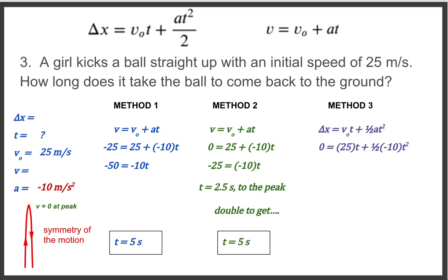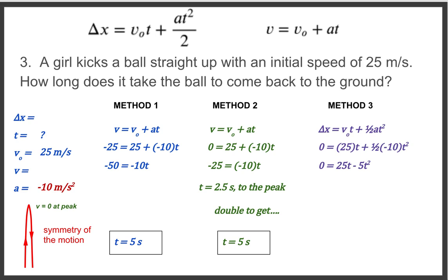Notice how in all the methods I'm still using that same initial information. To do the algebra here, though, we need to remember that this is a quadratic equation, and so a good method here is to factor out the t. Let me just do the algebra here. I'm going to first simplify a little bit, pull some terms together.